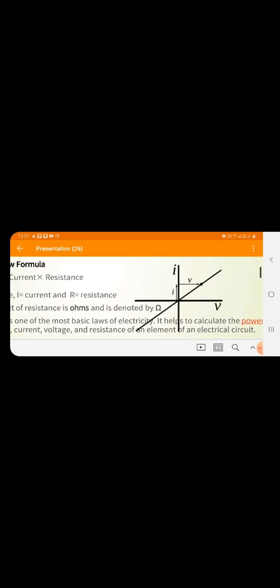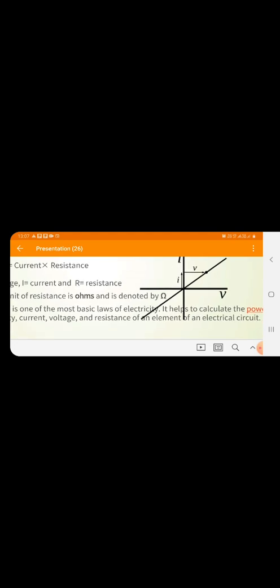So in most books you find this figure: a triangle divided into two parts, the lower part again divided vertically into two parts, and all three boxes filled with V, I and R. Children, this is how we can understand the relation between voltage, current and resistance.